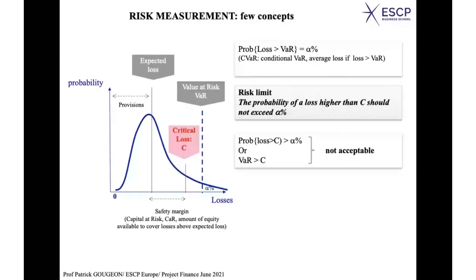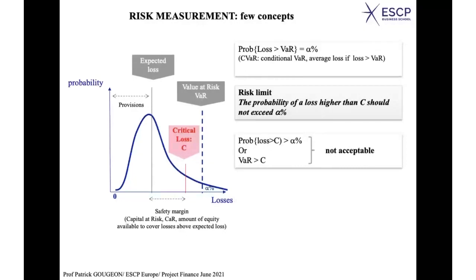So you see how the value at risk is used. You don't just look at the value at risk in itself. If you find 1.5 million, well, so what? But you compare that to what you are ready to lose with a certain probability. If you say my limit is 1 million with 1% probability, in other words, I don't want the probability of a loss higher than 1 million to be higher than 1%, and if your value at risk is 1.5 million, you say, no, I don't take it.